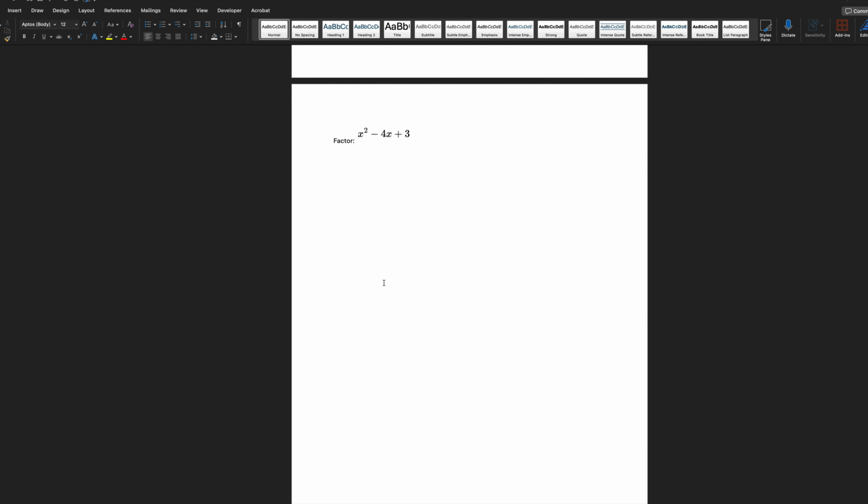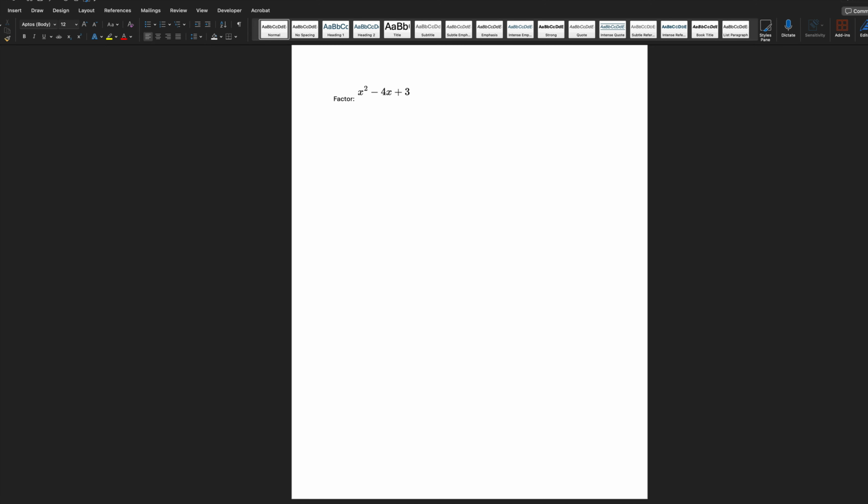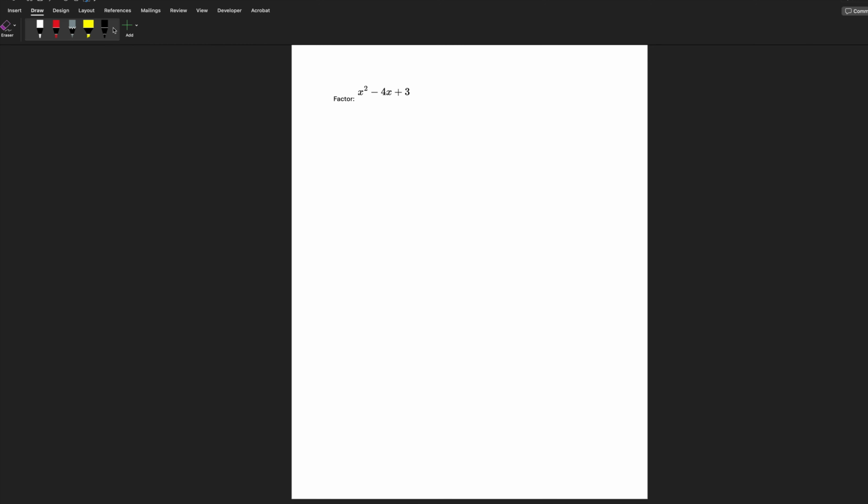So let's go ahead and factor this, and I'll describe how we would factor this. X squared minus 4x plus 3: we'd find two numbers that multiply to 3, so that's this value, and add to negative 4.